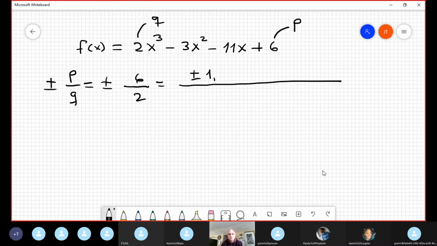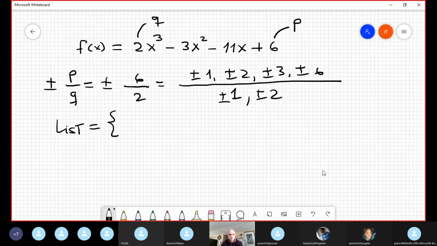Plus or minus 1, plus or minus 2, plus or minus 3, plus or minus 6, and on the bottom plus or minus 1 and plus or minus 2. So the potential list of zeros I need to verify using synthetic division is 1, 2, 3, and 6.